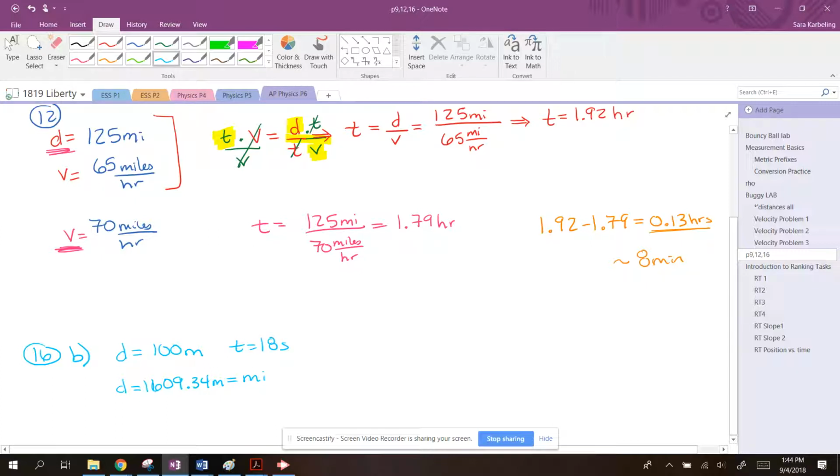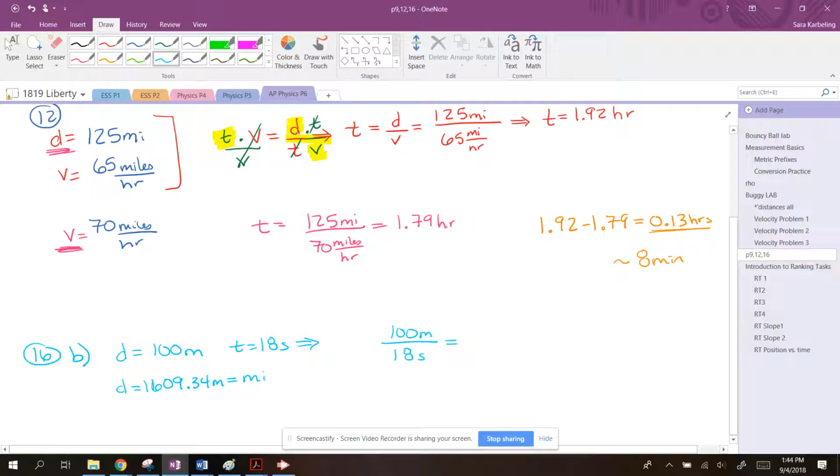Is that fast? Like, that seems fast. So we can do 100 meters per 18 seconds. So you can get a speed in meters per second and then multiply that by the miles. That's how I would do that. Is there a better way to do it?